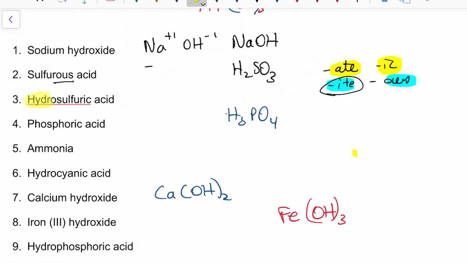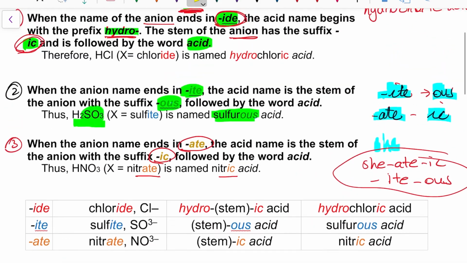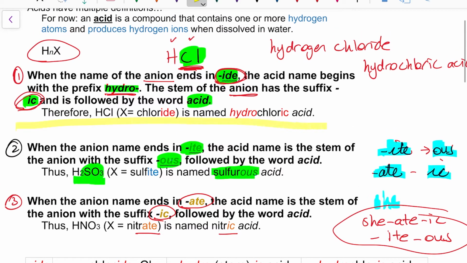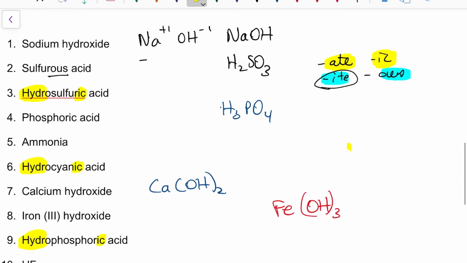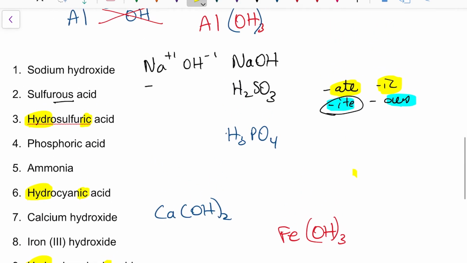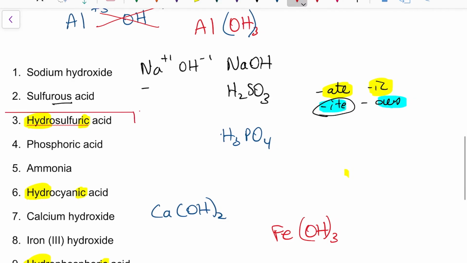Okay, here are the ones we skipped. Number 3, hydrosulfuric acid. Number 6, hydrocyanic acid. And number 9, hydrophosphoric acid. Those are the binary ones that start with hydro and end in ic. It comes all the way back to the first rule that we learned. It sounds so complicated, but it's not as complicated as it feels.